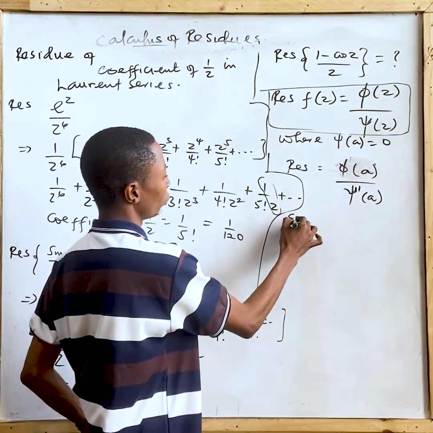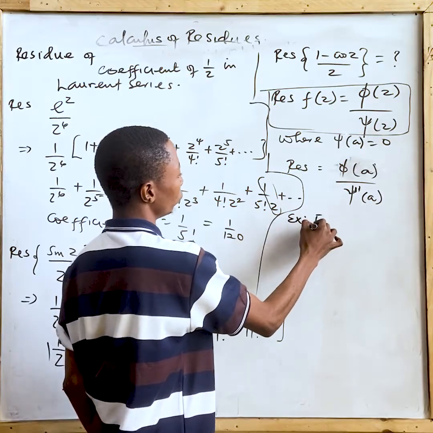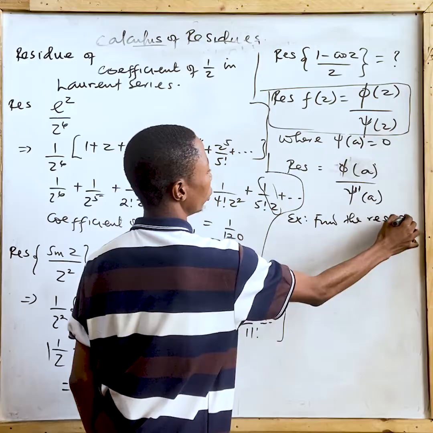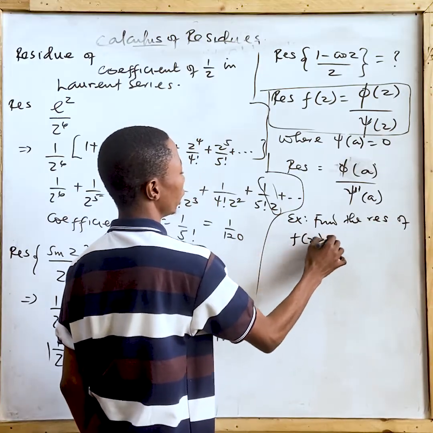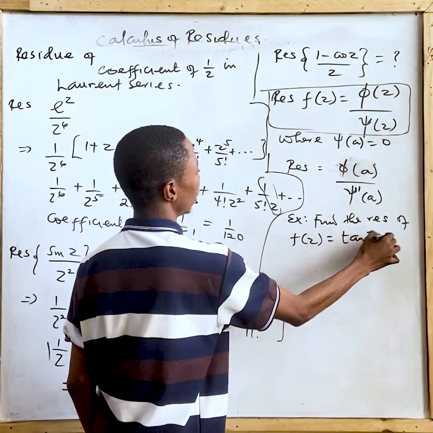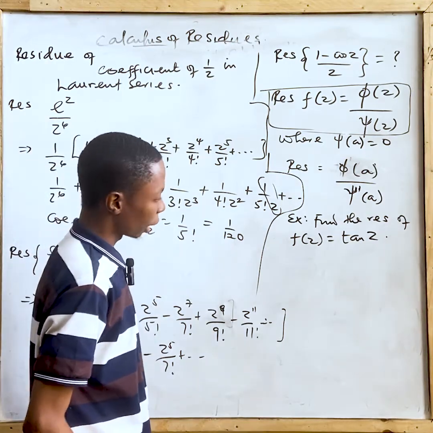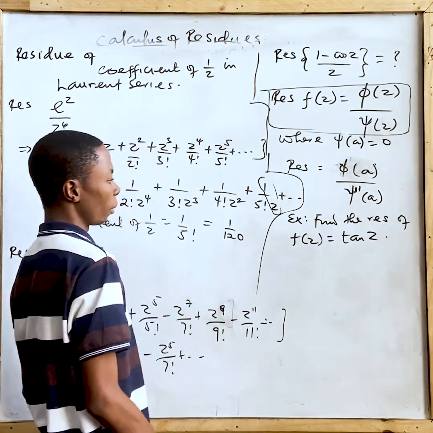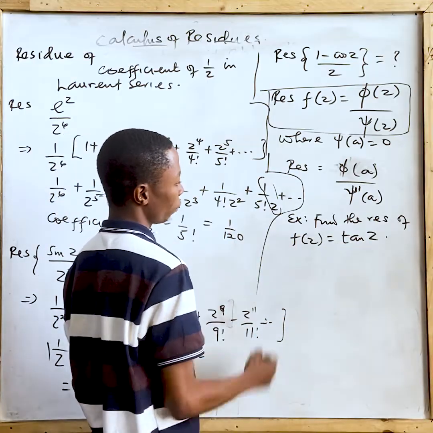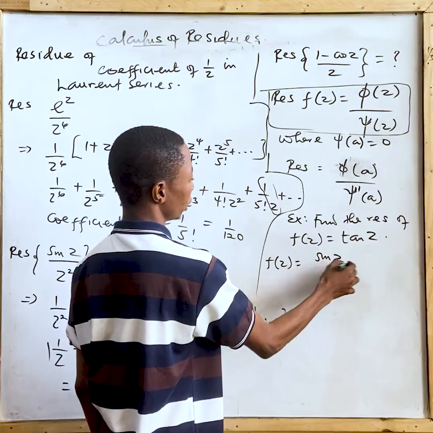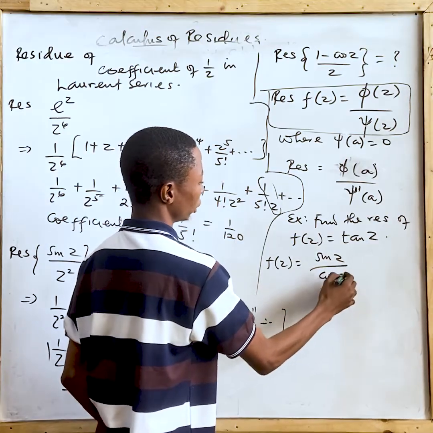So for example, let's find the residue of f of z equals tan z. If I want to turn this into a rational function, I will say f of z is sin z divided by cos z.